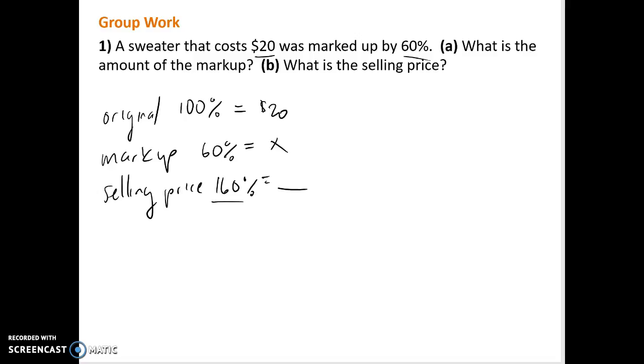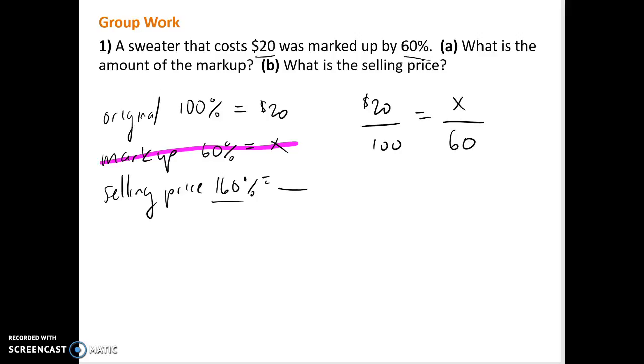All right. So to answer A, what is the amount of the markup? They're basically asking for this price right here, the amount of the markup. So that means we need to create a proportion with that 60%. So the proportion I'm going to create is 20 over 100 equals x over 60.